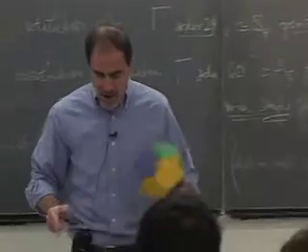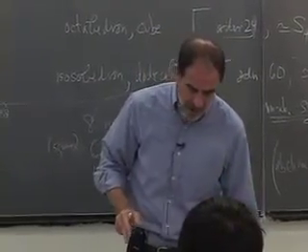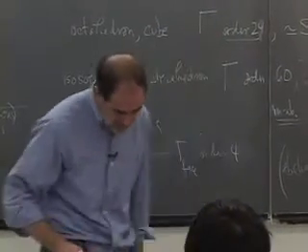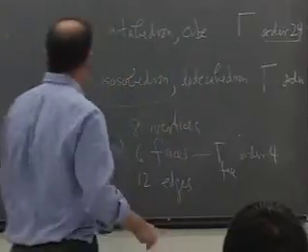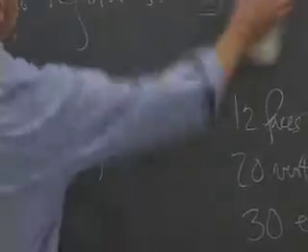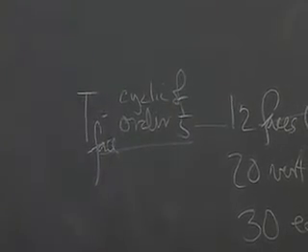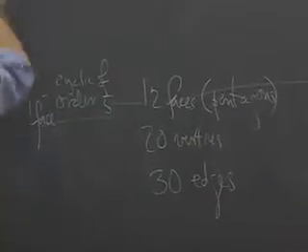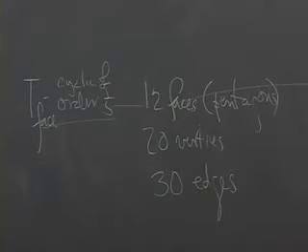So to do that, we have to figure out what are the conjugacy classes. Now the 12 faces, I claim, give me 6 cyclic subgroups of order 5. So we're now going to work out the conjugacy classes in gamma.